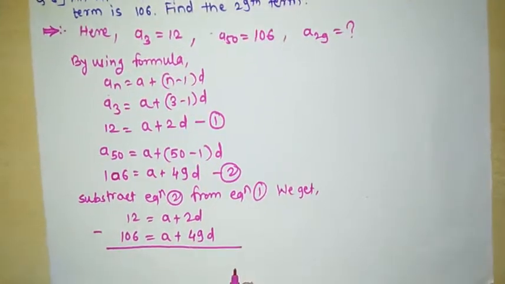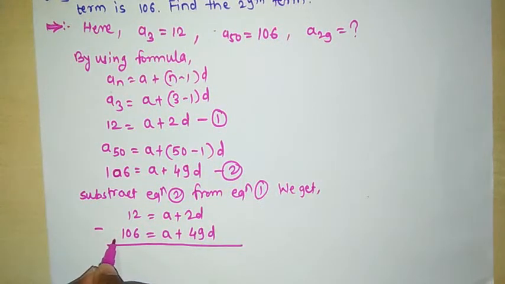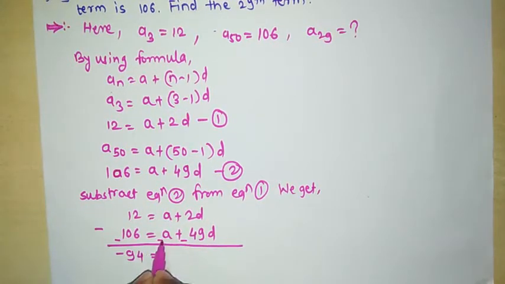While subtracting, we have to change the signs of the lower terms. Here it is positive, it will become negative. Now 12 minus 106 is equal to minus 94, which is equal to a minus a cancelled, and 2d minus 49d, which is minus 47d.